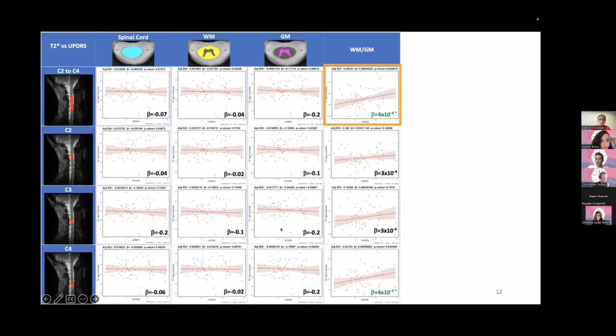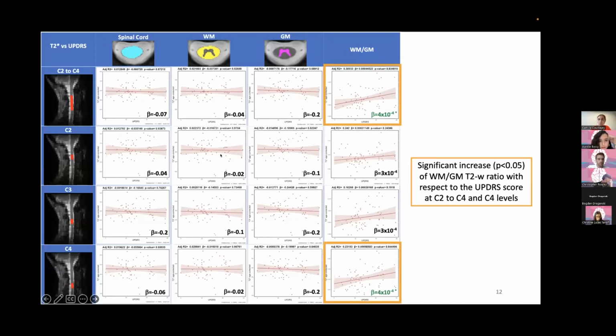What we can see here is that for T2 star weighted images, we have two significant increases of the ratio between white matter and gray matter with respect to the UPDRS score at C2 to C4 level and C4 level.